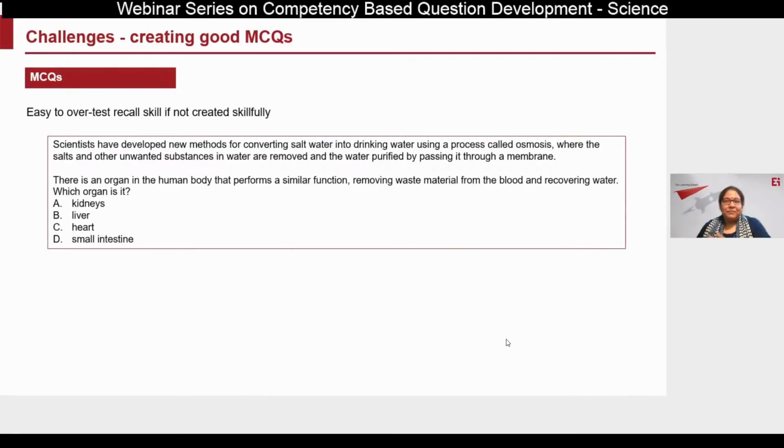And yes, we were discussing contrived situations. We may have a nice start to the question. If you see here, I'm linking the question to osmosis, filtered and unfiltered, and then bringing it to blood and water. But in the end, I'm checking a very trivial fact, which is the organ that removes waste material from blood and recovers water.